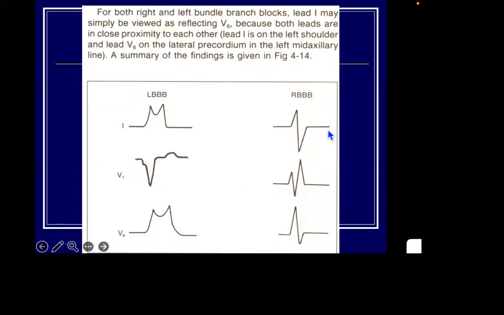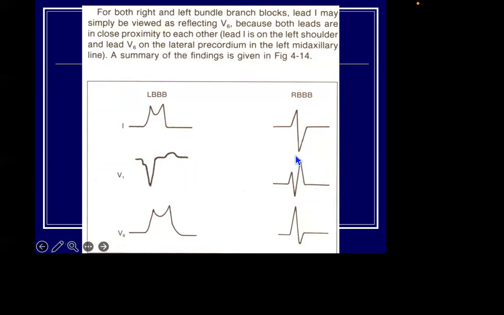In contradistinction to the right bundle branch block, this is the first R followed by an S wave, and then followed by the next R, which is called RSR in lead V1. Sorry, this is lead 1, where usually you find an S wave.